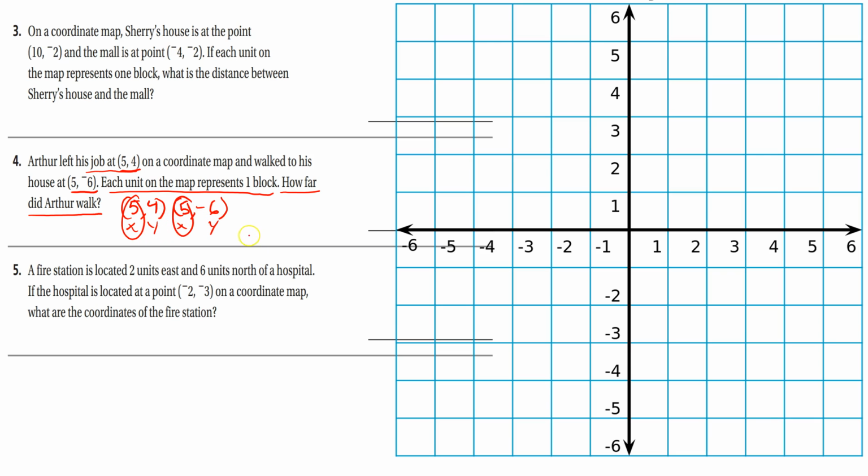I have 4 and -6, so I have a positive and a negative. That means I'm going to add the absolute values: the absolute value of positive 4 is just 4, plus the absolute value of negative 6. And that's going to also give us the distance between his job and his house. So either strategy would give us the distance.